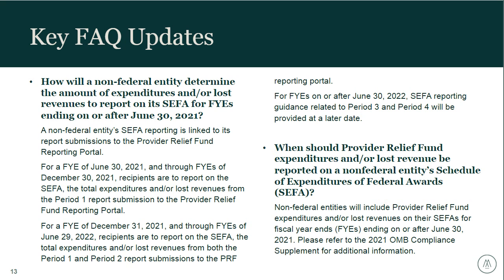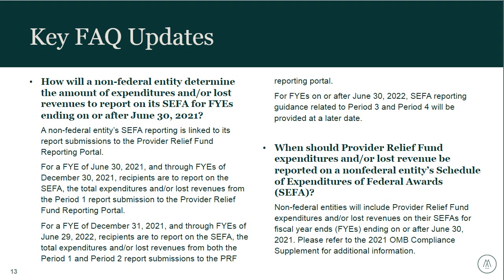As an example, for the June 30, 2021 fiscal year ends and for fiscal year ends through December 30, 2021, you will report on your SEFA that first round of reporting, the window for which is open now, so the reporting that's due September 30, 2021. So for June 30, 21 year ends, that will be the amount that goes on the SEFA.